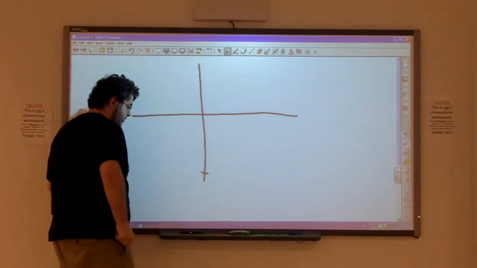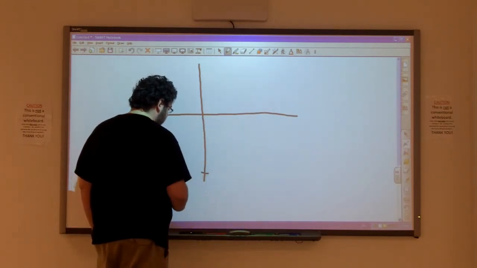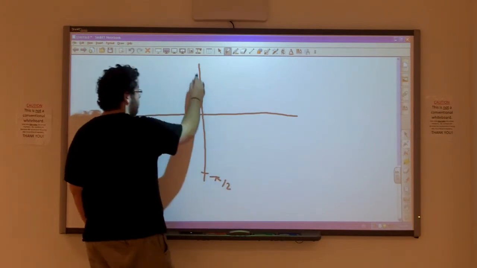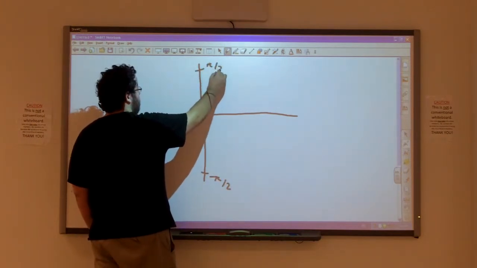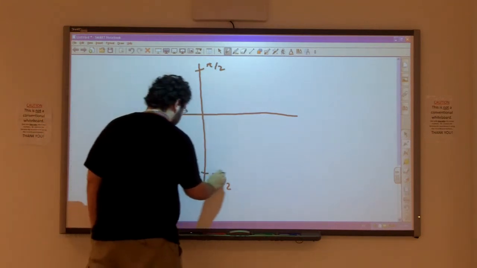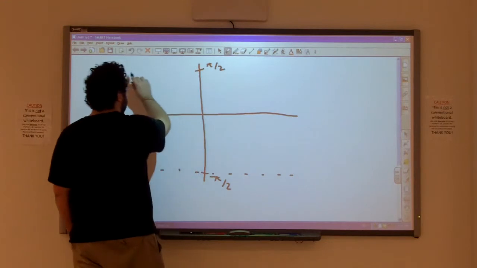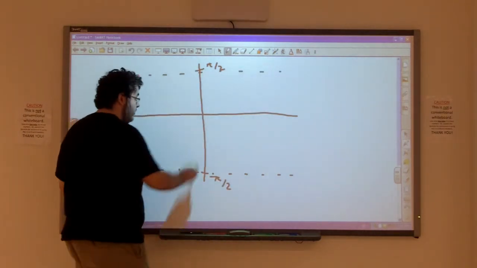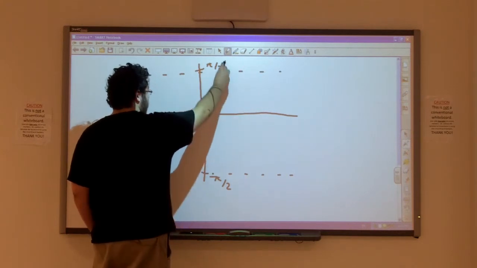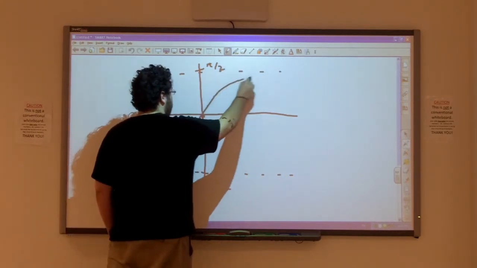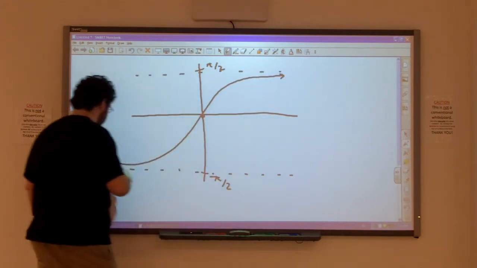Well, we flip our x and y, so this is now going to be negative pi over 2, pi over 2, and there's going to be asymptotes here, because we've now turned the graph on its side. And so we know it's still going to cross at the origin, but now instead of going like this, it's going to look something like that.